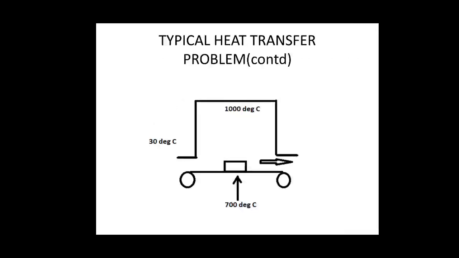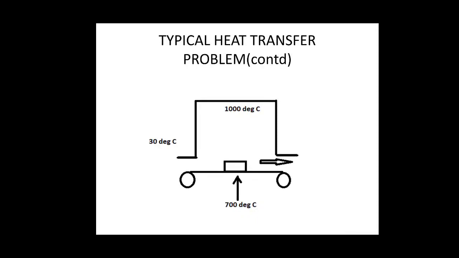So let us see another typical problem. Suppose there is a furnace inside which I want a metal surface to come to a certain temperature, let us say 700 degrees Celsius. The outside temperature is 30 degrees Celsius, and inside the furnace the temperature is 1000 degrees Celsius.